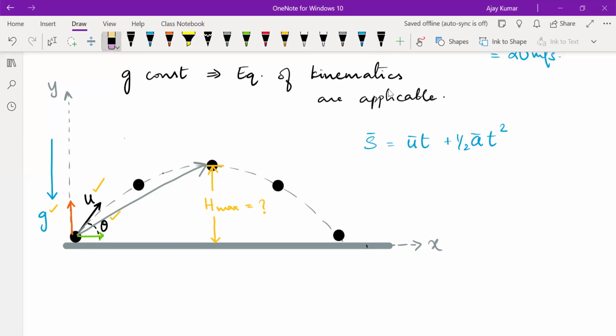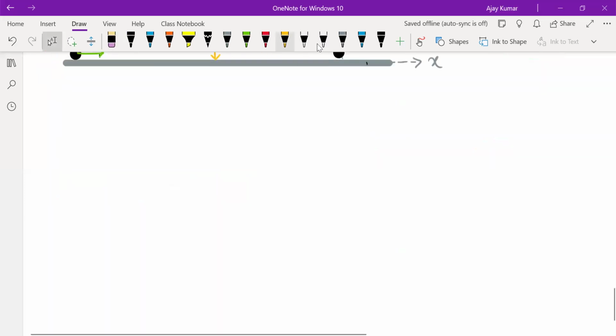But actually you can use that formula by making a small modification. Can you tell how you should adjust or what modification you should make to use u square by 2g if you want to? Okay, anyway, let us discuss this in complete detail. First, tell me this, all of you. Suppose this is the ground level.